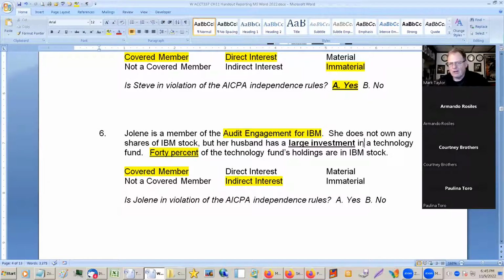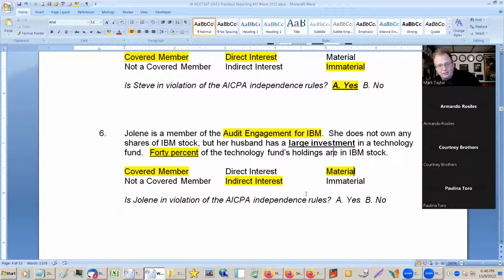But what do you think? So big investment in this fund, and 40% of it is in IBM stock. So a large percentage of it's in IBM. It's not one in 500. It's 40%. What do you think, material or immaterial? Material, probably. Such a large percentage of it is in that, a large concentration.